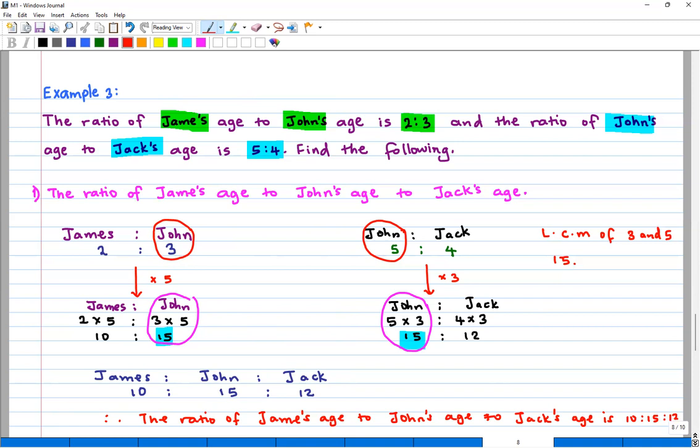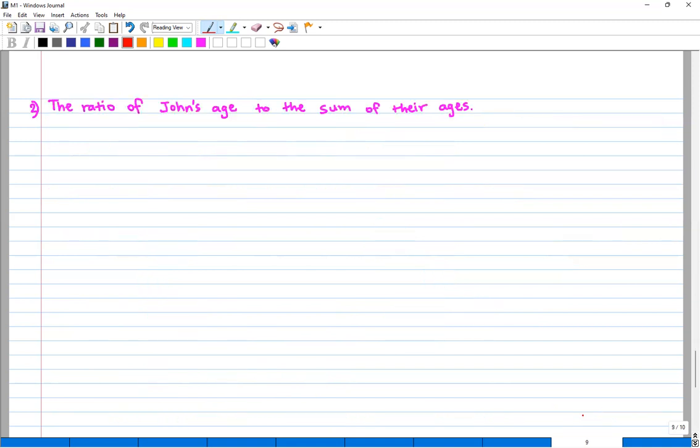Okay, let us get the final part of our lesson. Find the ratio of John's age to the sum of their ages. What is the sum of their ages?